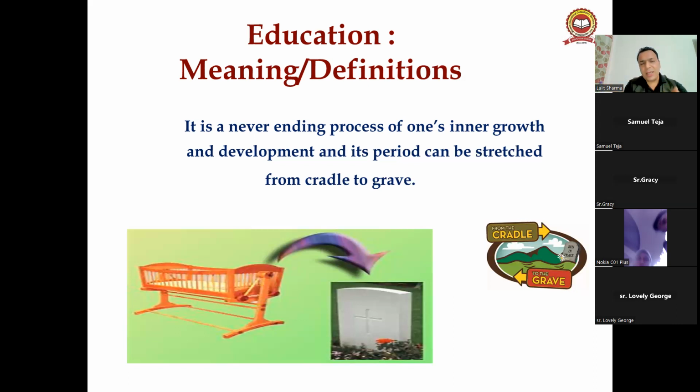John Dewey, guys, has done a lot of work on education. He wrote a book, Education and Experience, and in it he wrote that the whole life is an education and the whole life is an experience. So from that quote, you can understand that education is not bounded in schools, because there are many forms of education.